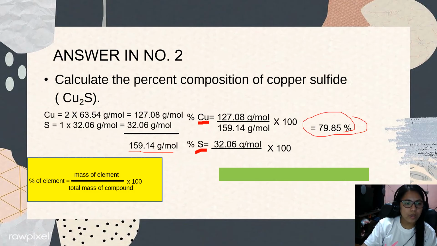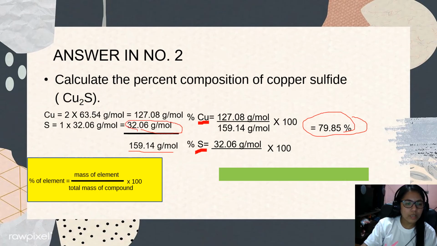79.85. The next is for sulfur, which is equal to 32.06 gram per mole. Ulitin ko, saan natin nakuha ito? Ito yung answer natin sa pag-compute ng molar mass ng sulfur. Ayan.